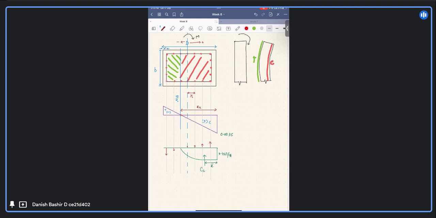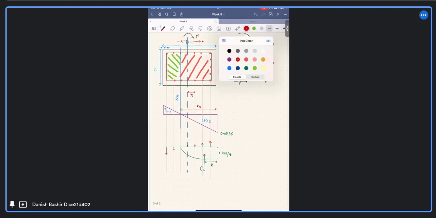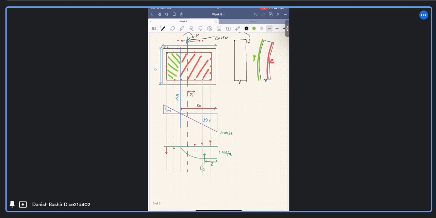For reinforcement lines on the positive side of this centroidal axis, we take y as positive, and for those on the negative side, we take it as negative. This is the centroidal axis. This was the case when our neutral axis was lying inside our column section, that is, x less than or equal to d.